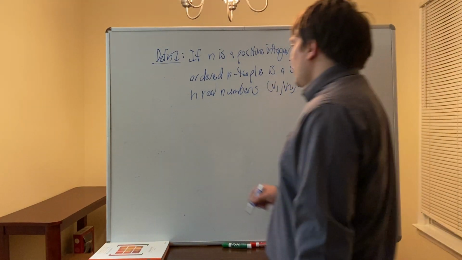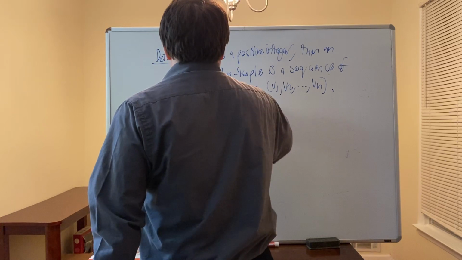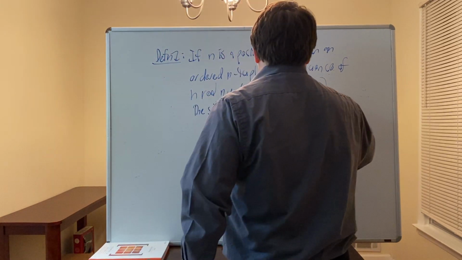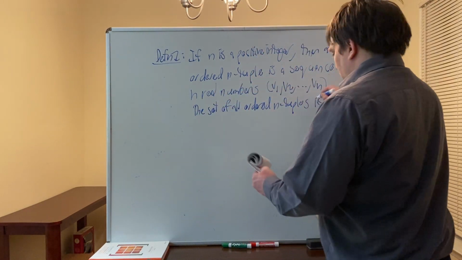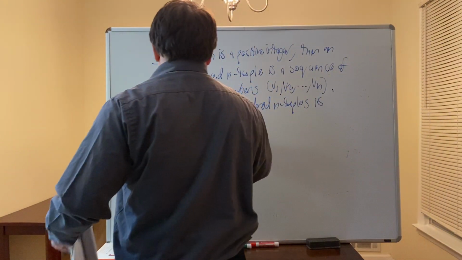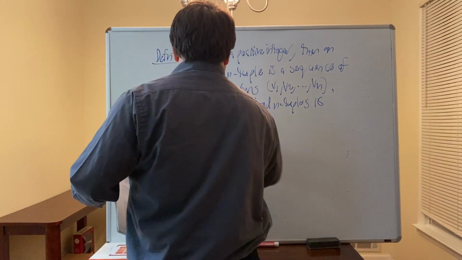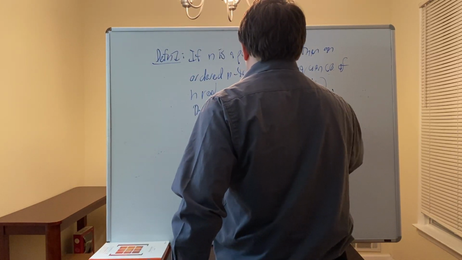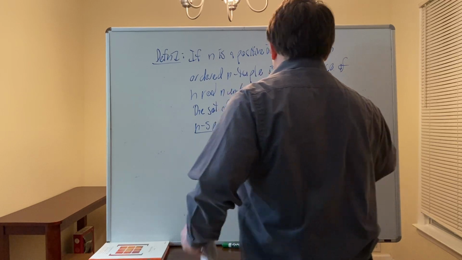The set of all ordered n tuples is n space, and it's denoted by R to the n.